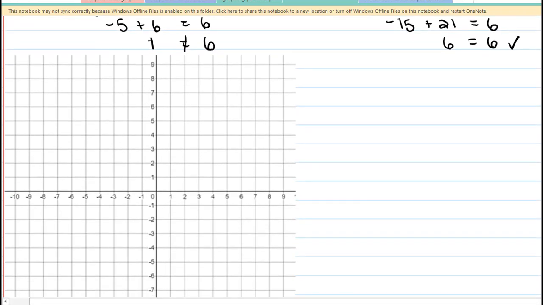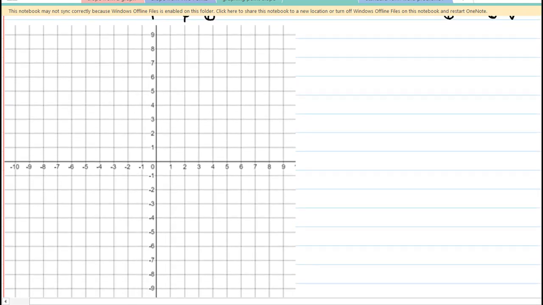Okay, let's move into graphing. We're going to graph the equation 2x plus 5y equals 10. You can solve for any 2 points.